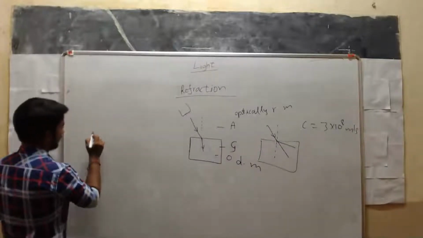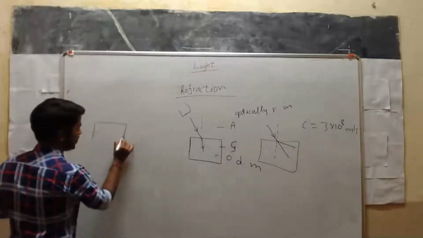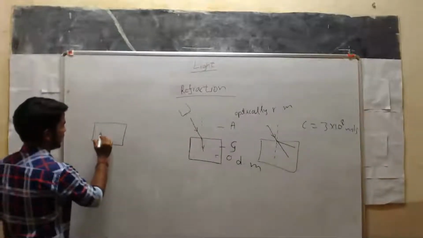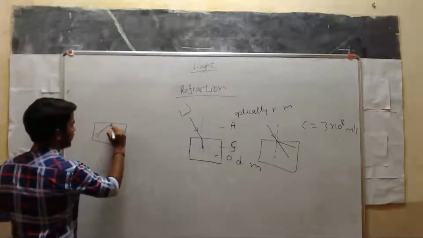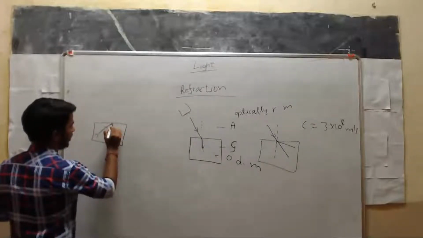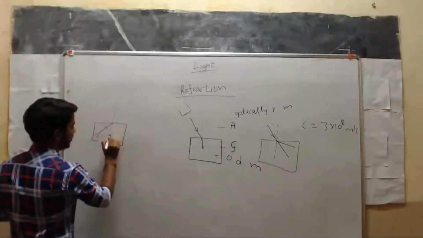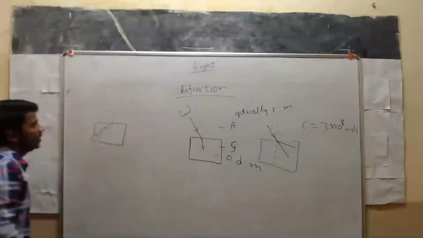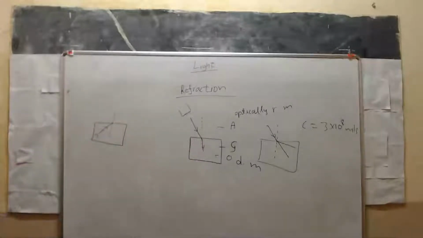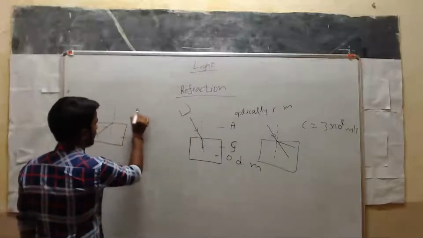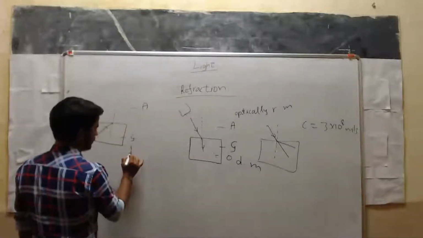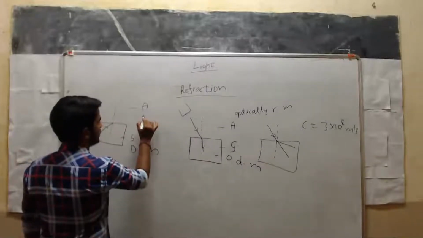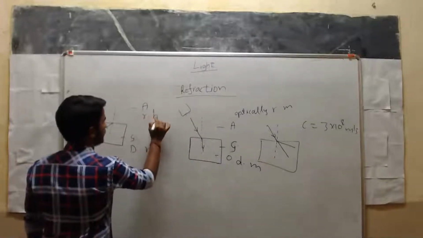Okay, see here, this is glass. I am passing a ray of light from glass medium. Incident ray, normal. Now this is a glass medium and this is air medium, or we can say this is a denser medium and this is a rarer medium.